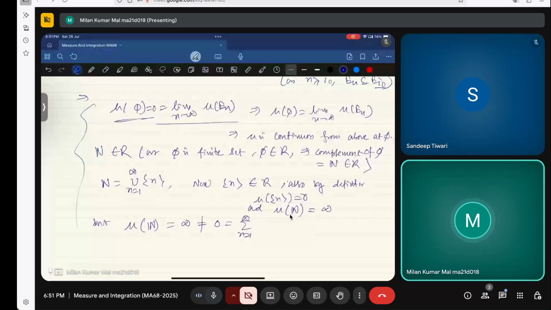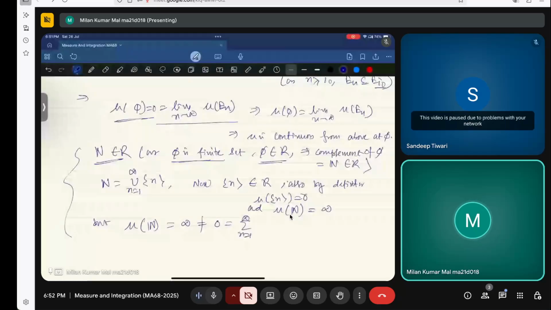And now N can be written as the union of n equals 1 to infinity of {n}. Here this is in the relation, that is the ring. Also by definition, the measure mu of any finite set is 0, but at the infinite set it has to be plus infinity. But this is not equal to the sum of mu of {n}.